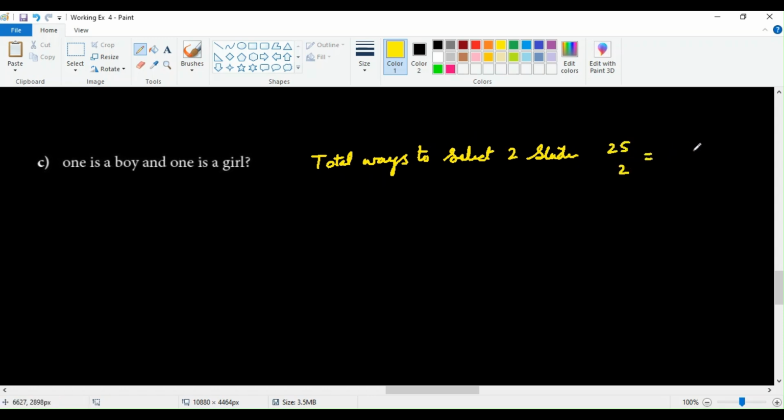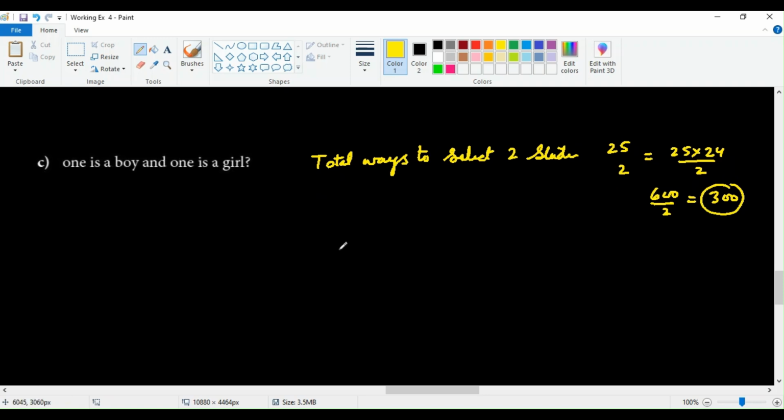That means 25 times 24 divided by 2, which is going to give us 600 divided by 2. That means final answer is 300 for this part of the question.